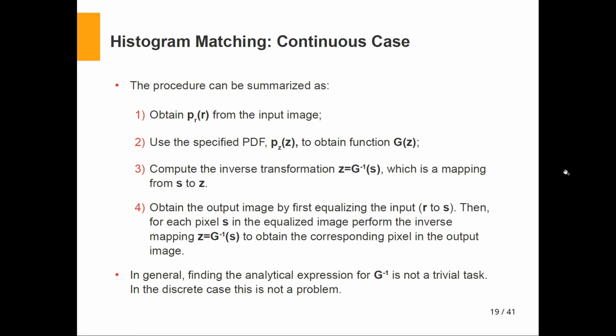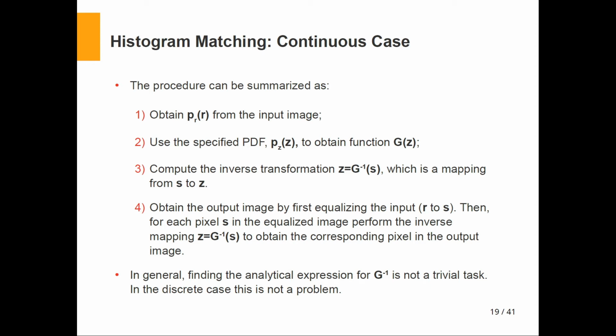So we can summarize the procedure in these 4 steps. So first we obtain the P of R from the input image. Basically we calculate the normalized histogram of the input image. Then we use the specified PDF of the output image, PZ of Z, to obtain the transformation function G of Z to go from the output image to the histogram equalized image.